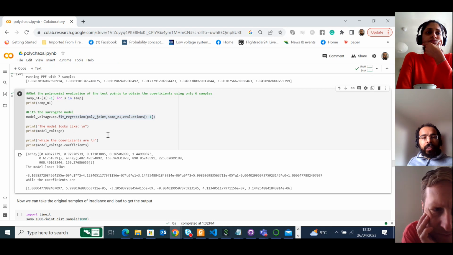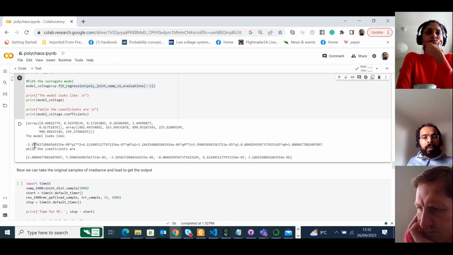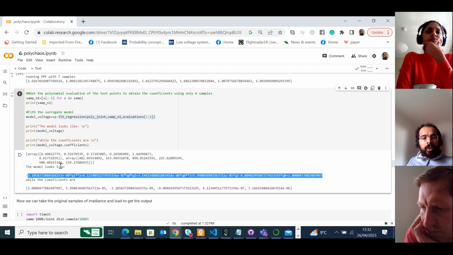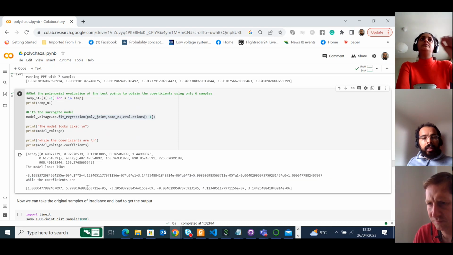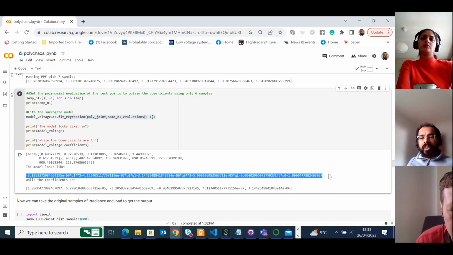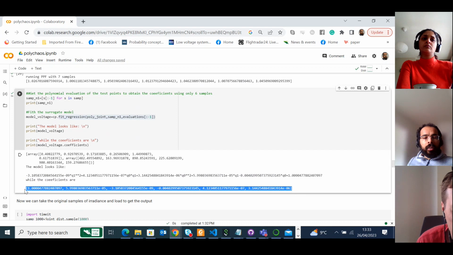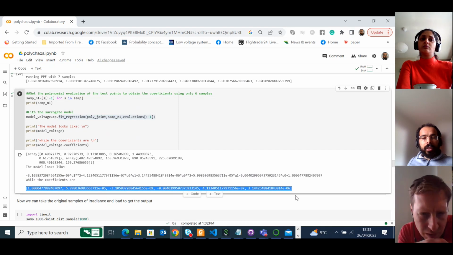If you do this fit regression, we get the polynomial of the output. So this is basically our model, which represents our quantity of interest, which is bus voltage at bus 1. This is the polynomial representation. Here you don't see the polynomial basis anymore because it is already a simplified polynomial. But if you print out the coefficients, you can really see the 6 coefficients.